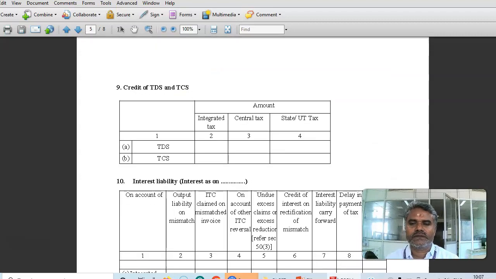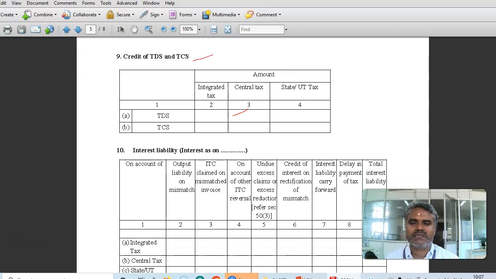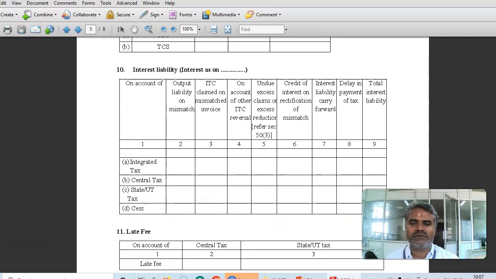The credit of TDS and TCS, tax deducted at source and tax collected at source: integrated, central, state and UT tax. Interest liability, anything you have, you give.